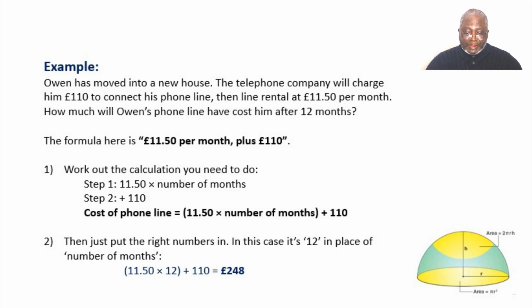Then just put the right numbers in. In this case, it's 12 months. So the completed formula would be £11.50 times 12, which is the number of months, plus 110. And your answer for the cost for the year is £248.